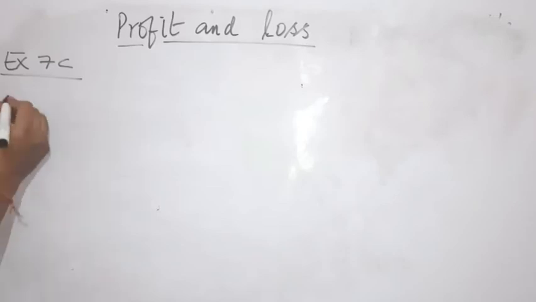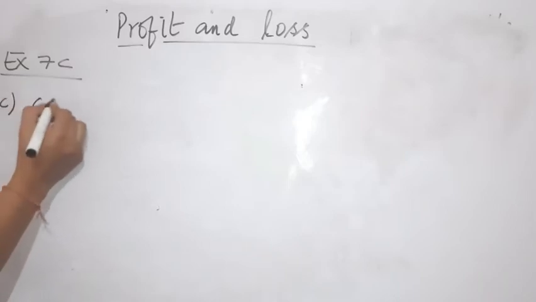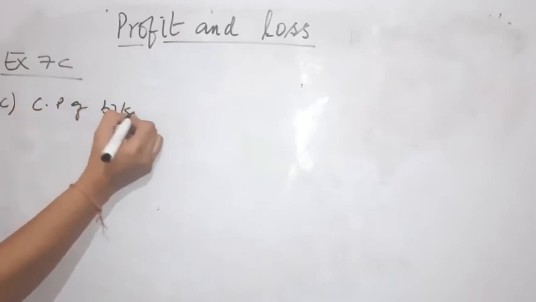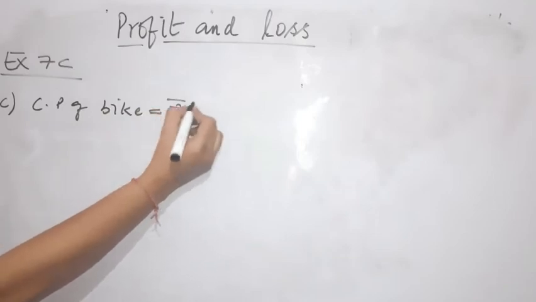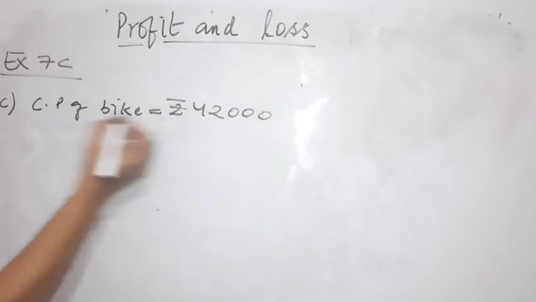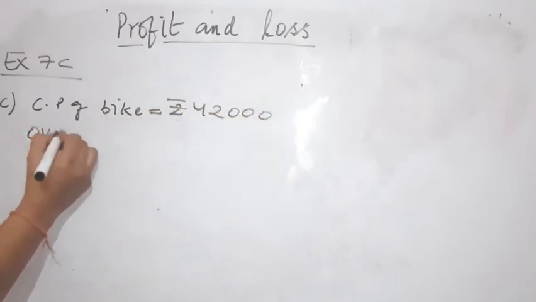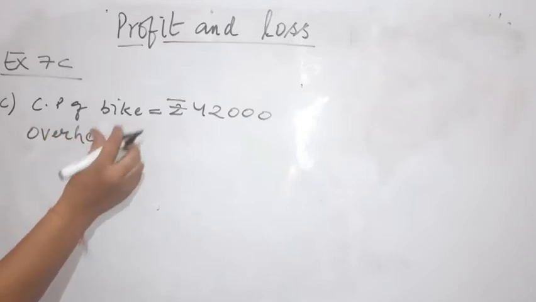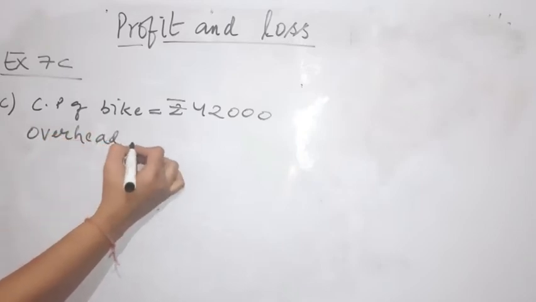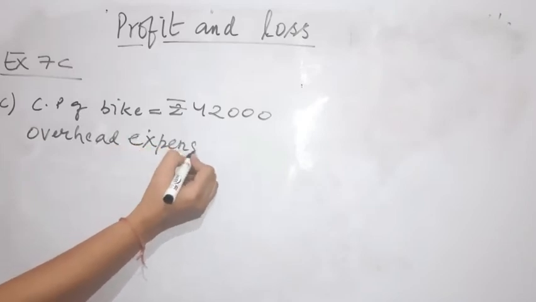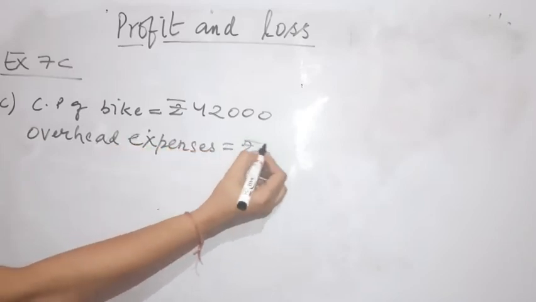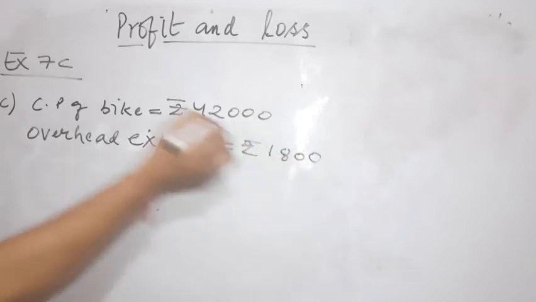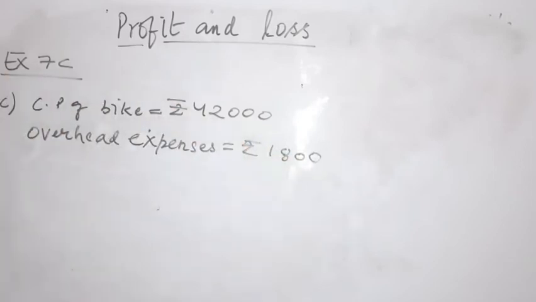So in order to obtain the total cost price, first of all, cost price of bike is rupees 42,000. Now the overhead expenses on the bike are, because he has spent some money on the repairing of the bike. So overhead expenses equals to rupees 1,800. This is overhead expenses.